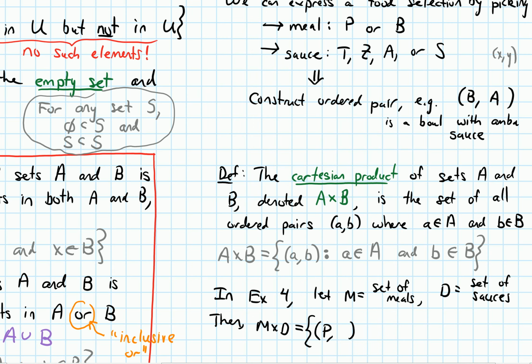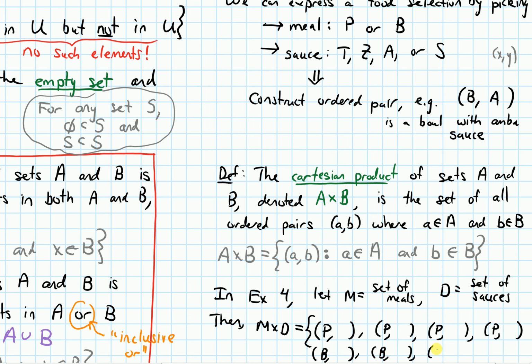And I could do the same thing if I pick a bowl first. I could pick a bowl, and then I pick one of the sauces to go after it. But for the sauce, I have a bunch of different choices. I have 4 choices. So if I pick a pita sandwich first, I could pick any of the 4 sauces, which means I'm going to need 4 of these ordered pairs that start with a P. And then I'm going to fill in the sauces afterwards. Same thing, if I pick a bowl, I could pick any one of the 4 sauces afterwards.